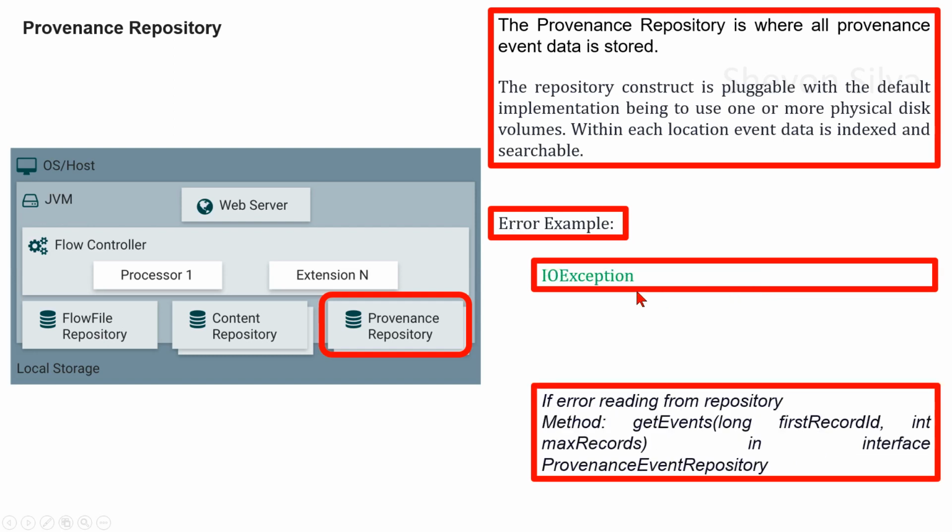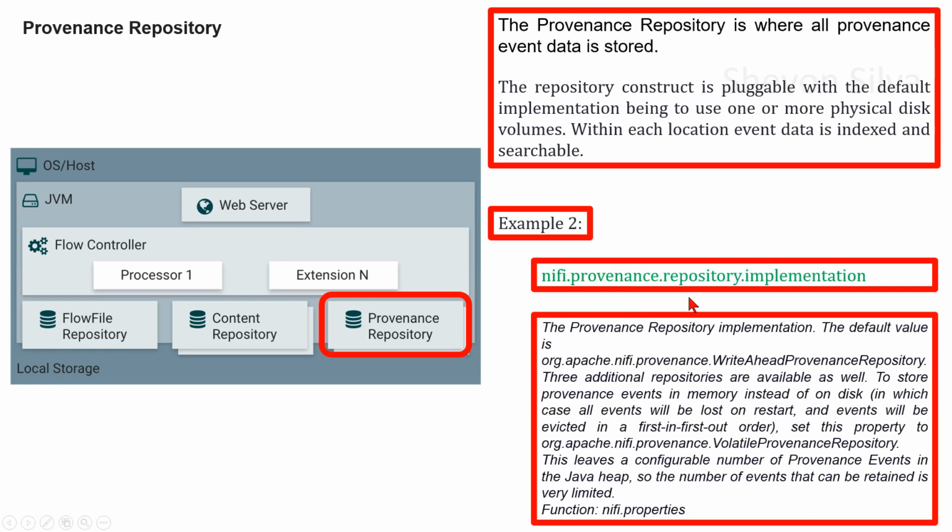As an exception example, we can consider IOException, thrown if there is an error reading from the repository in the getEvents method in the ProvenanceEventRepository interface.